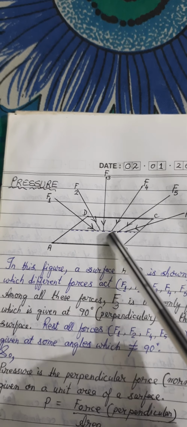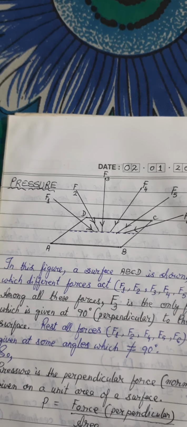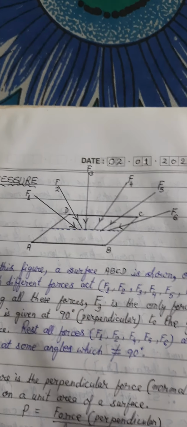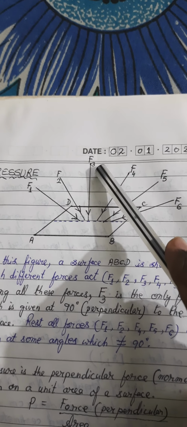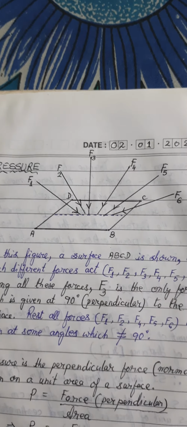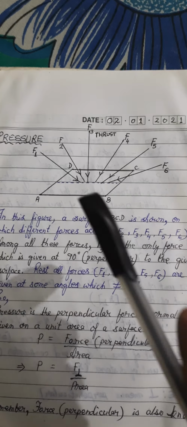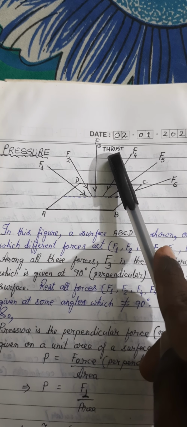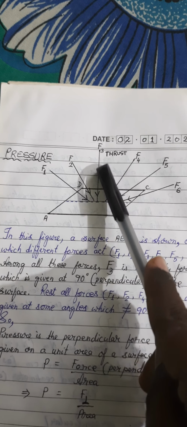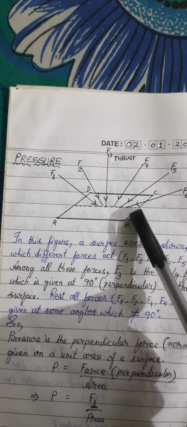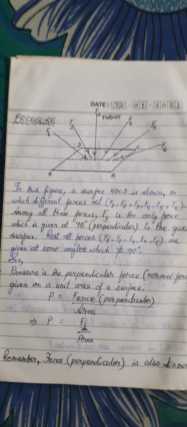This force and the surface of the body make 90 degrees to each other. So this particular force, F3, is called thrust. So thrust is a special force which acts at 90 degrees to a given surface.